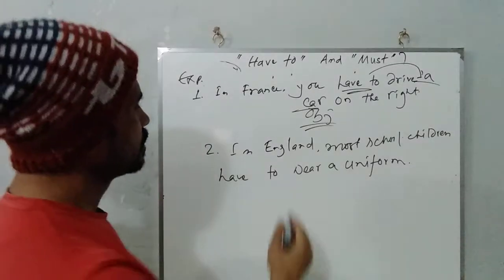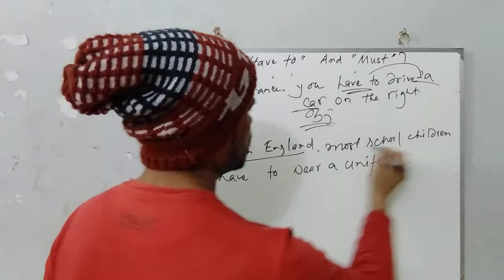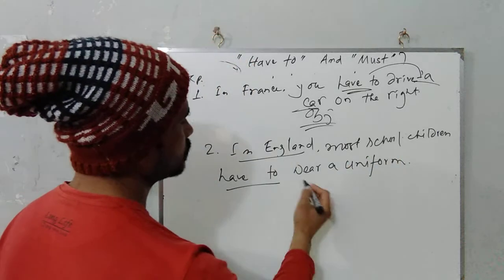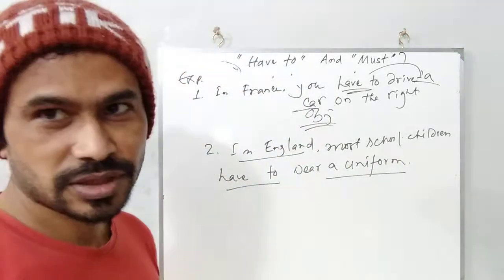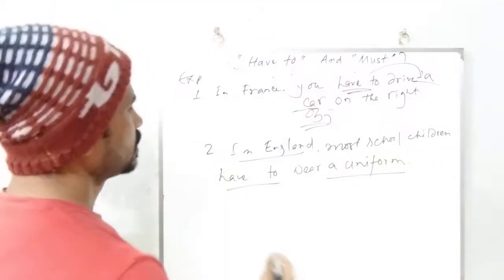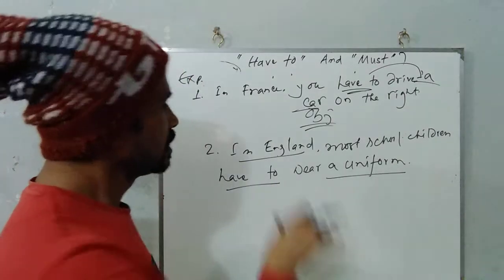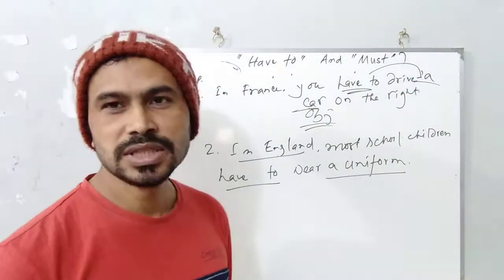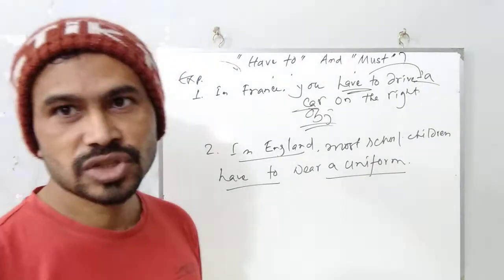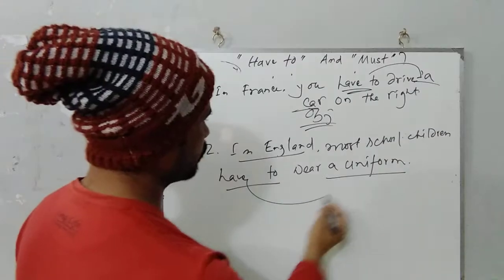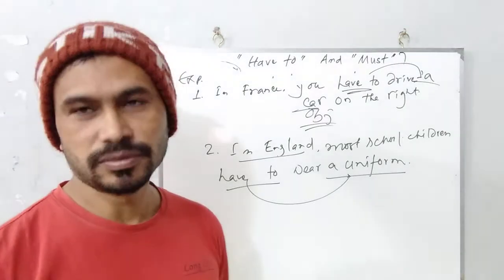Okay, so in England, most school children have to wear what? A uniform. So have to is used here, objective obligation. A uniform is the object and have to emphasizes the uniform.